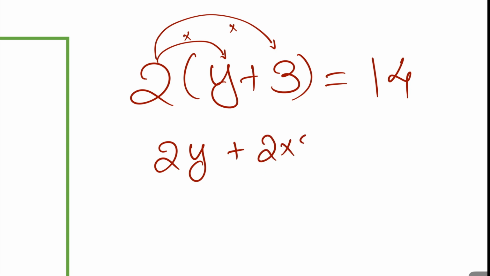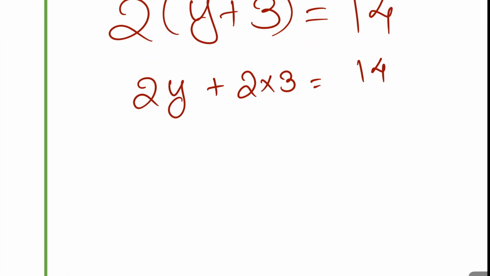That is 2y plus, what is 2 times 3? 2 times 3 is 6, equal 14. See, now we got an equation. We got a two-step equation. You know how to solve a two-step equation.